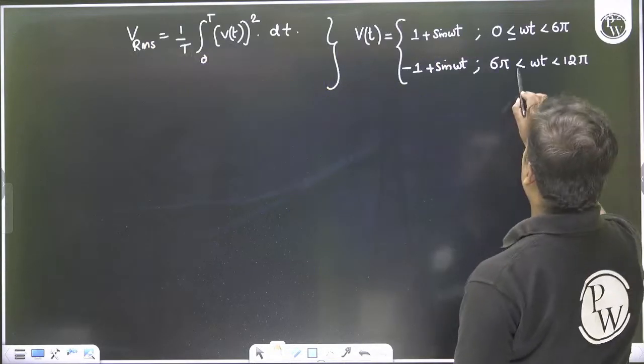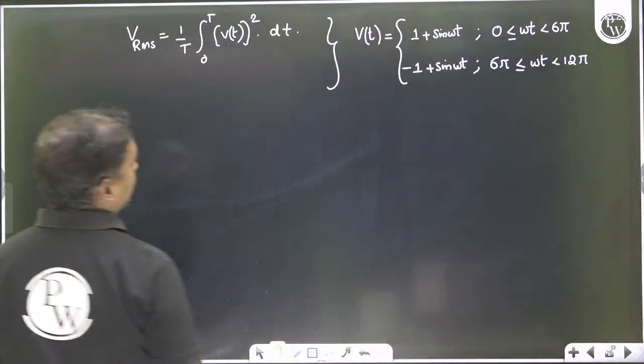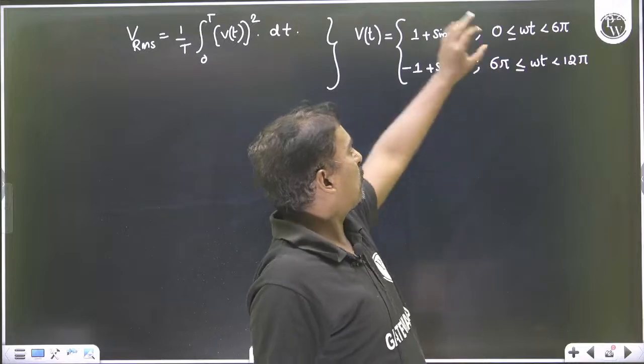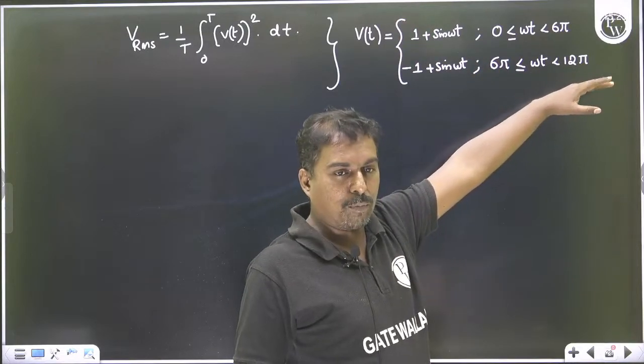So how to solve this question? I can write 1 by T, where T is the total cycle 12 pi. Up to 6 pi it is a positive signal, from 6 pi to 12 pi it is a negative signal.